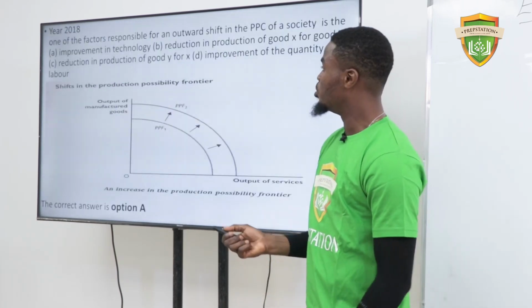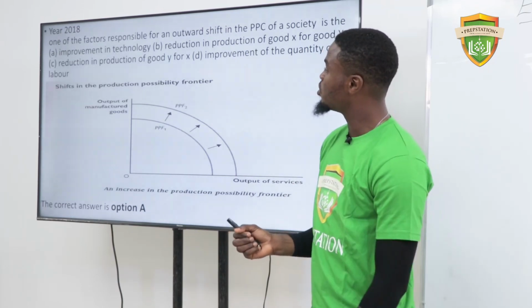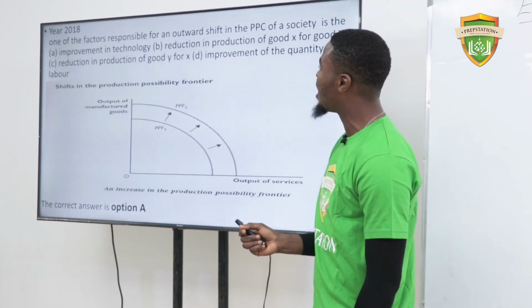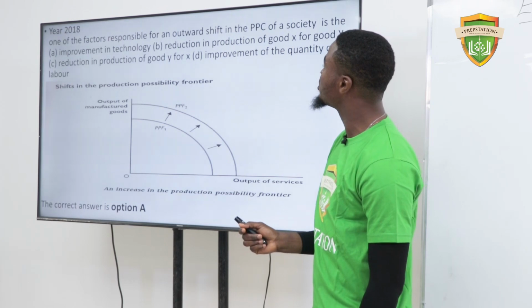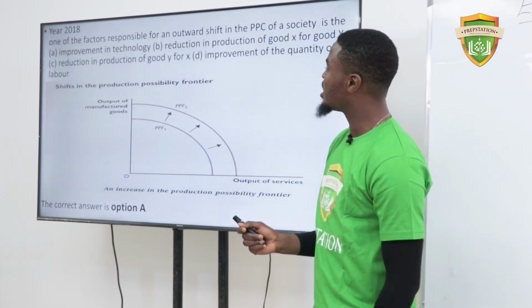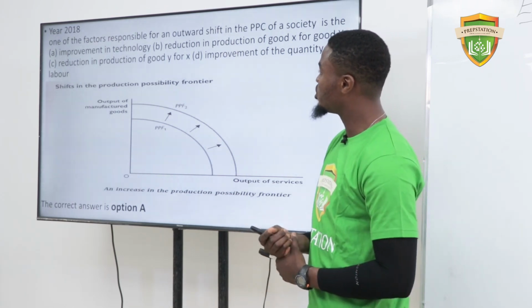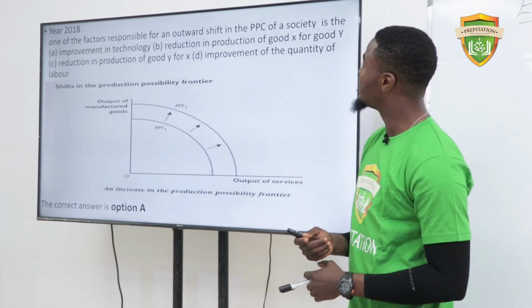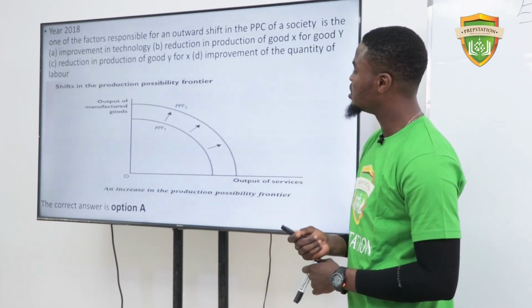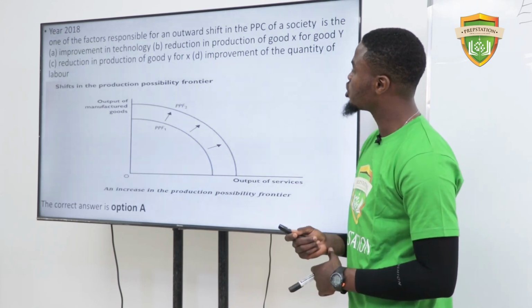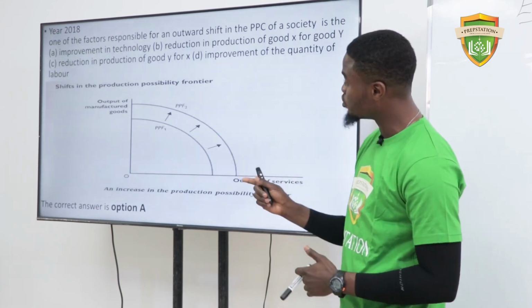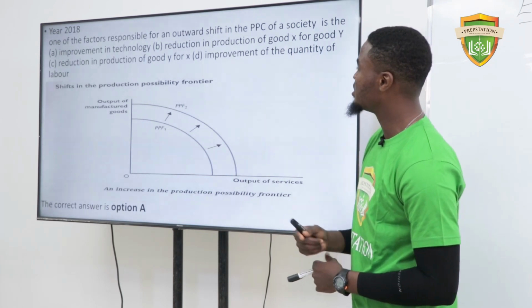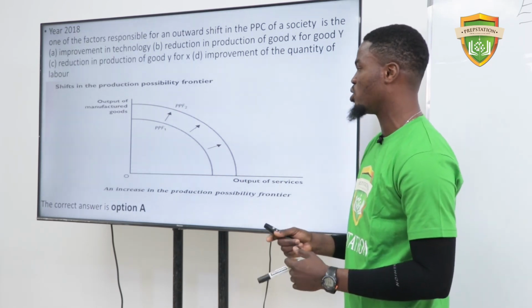Okay, so here in the year 2018, one of the factors responsible for an outward shift in the PPC of a society is: A, improvement in technology; B, reduction in production of good X for Y; C, reduction in production of good X and good Y for X; and D, improvement in the quantity of labor.